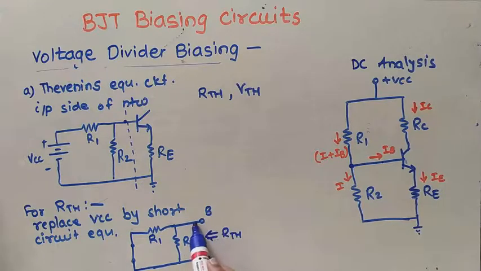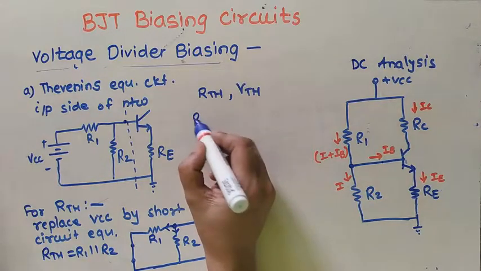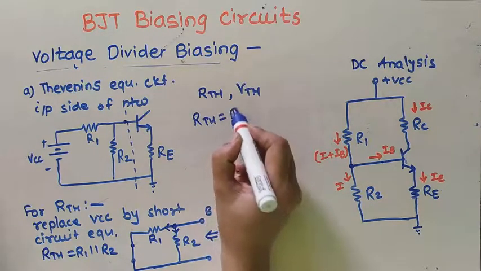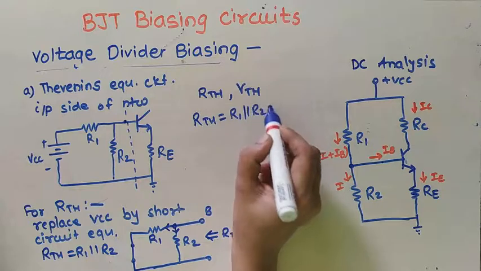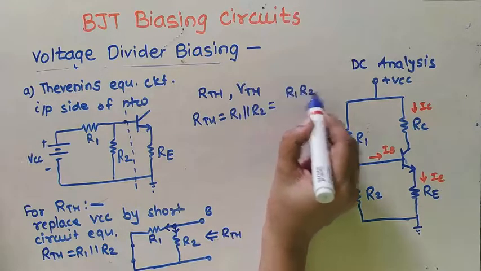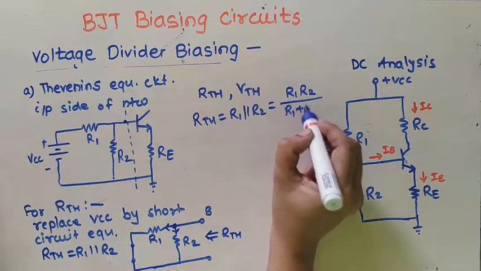If we move from this point, the current gets divided into these two branches. That means R1 and R2 are in parallel. So RTH is equal to R1 parallel to R2, which is equal to R1 R2 divided by R1 plus R2.